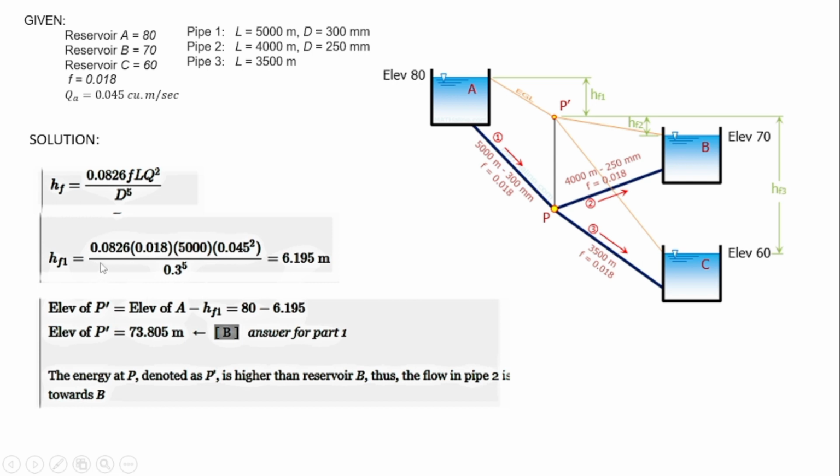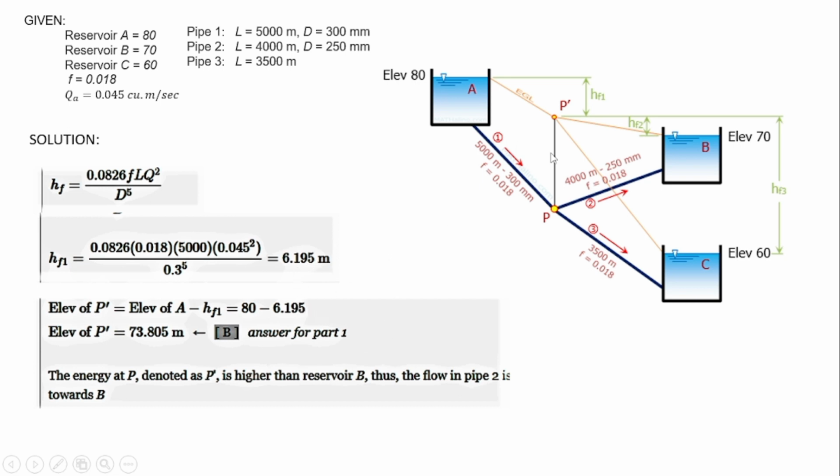Since we have now the value of major head loss 1, we can compute the piezometer reading. Elevation of P prime is equal to elevation A minus the major head loss: 80 meters minus 6.195.